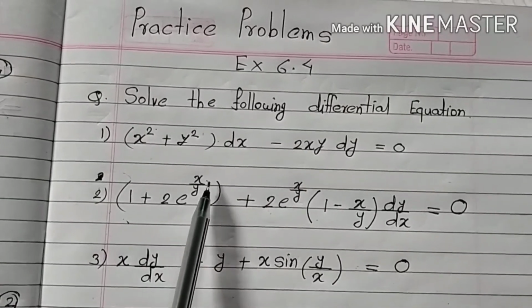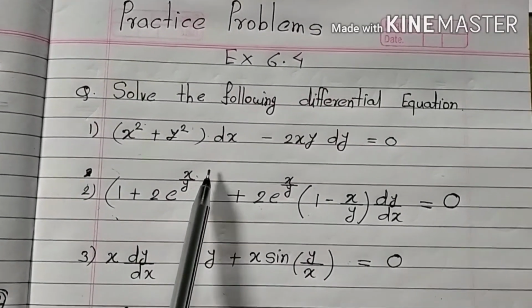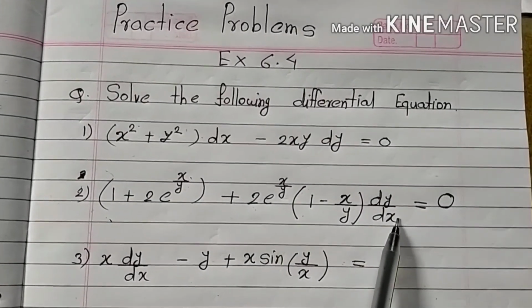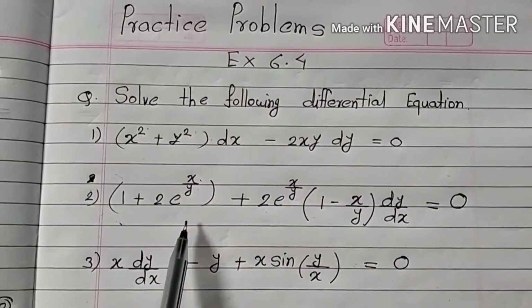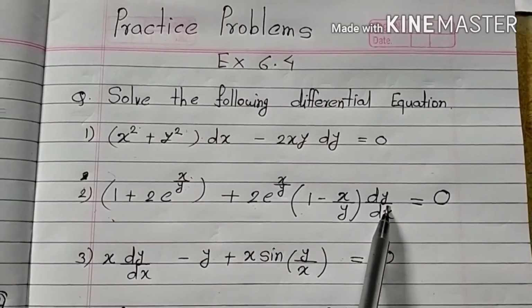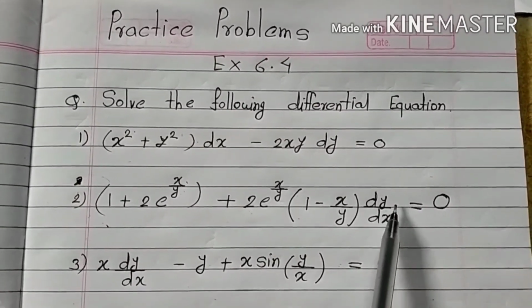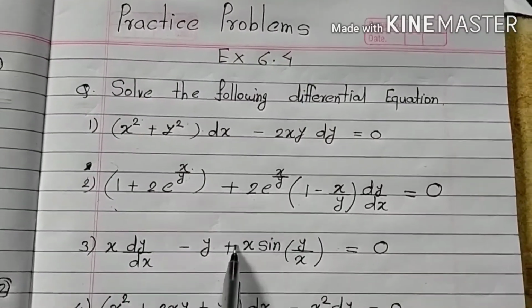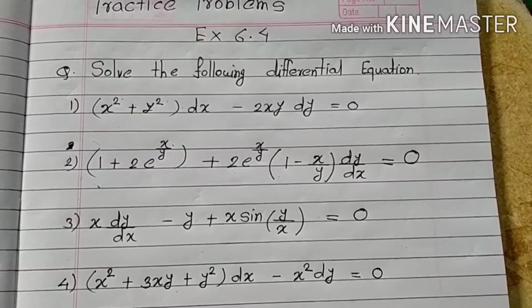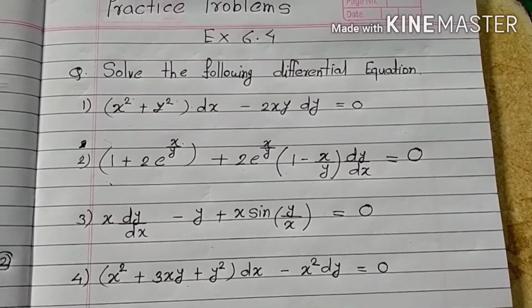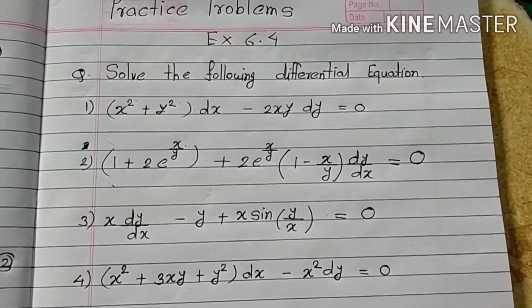Here you can observe that the terms are like x upon y and dy upon dx. So here you have to take substitution x is equal to uy and this term will change in the form of dx upon dy. So you get your answer, and in the remaining 3 examples you have to take substitution y is equal to vx. So try to solve these 4 examples.